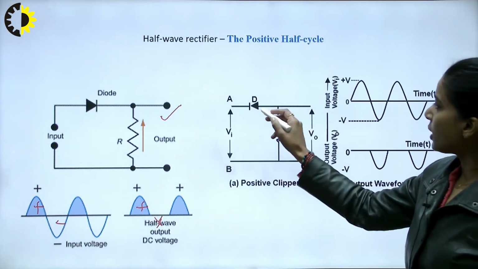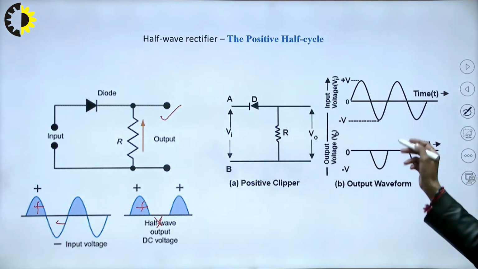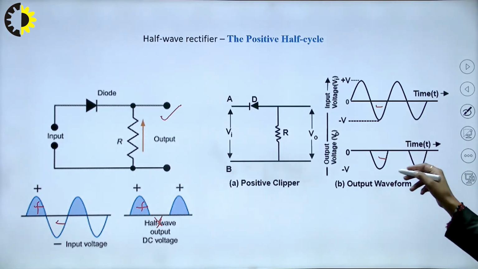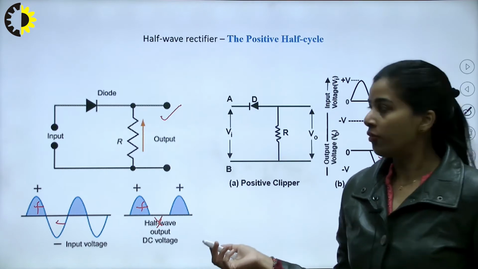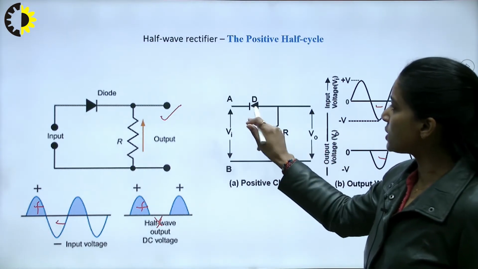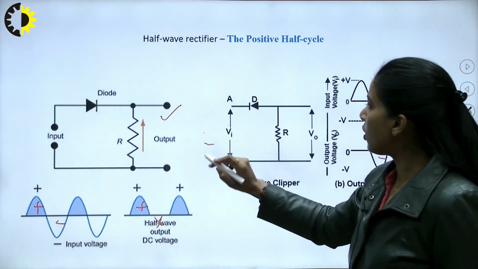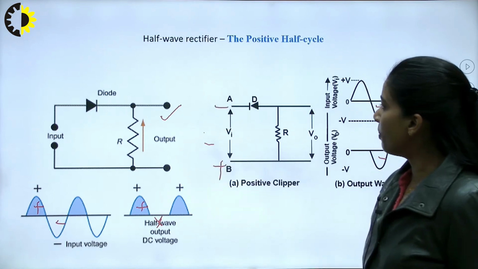Similarly, we can connect this diode in this way so that we can get the negative cycle of the input, and here the positive part of the cycle will be clipped off. How can we do this? Here you can see I have reversed the polarity of this diode. Now when the negative cycle of the input appears, this will be negative and this will become positive.